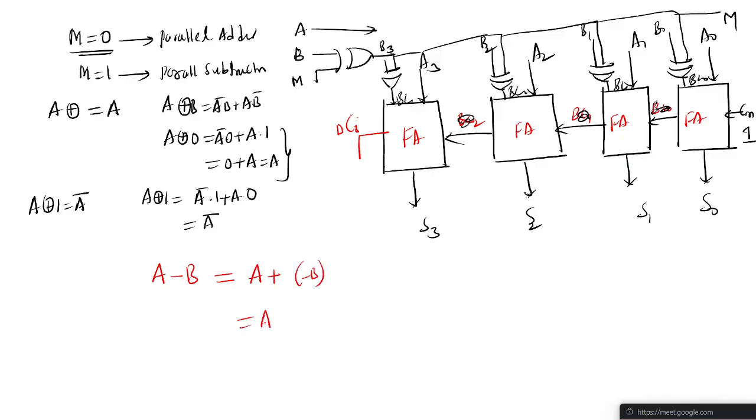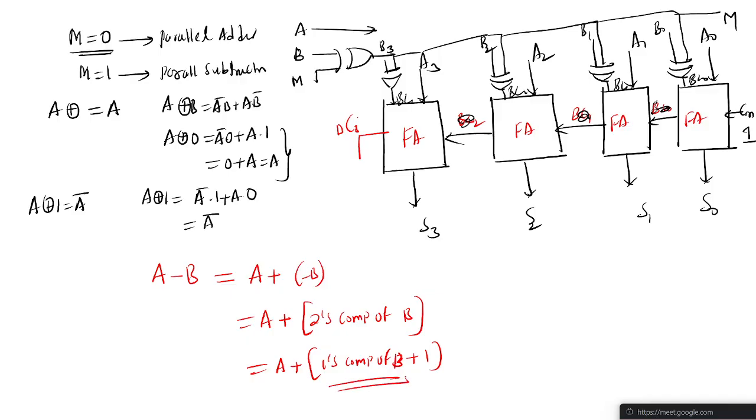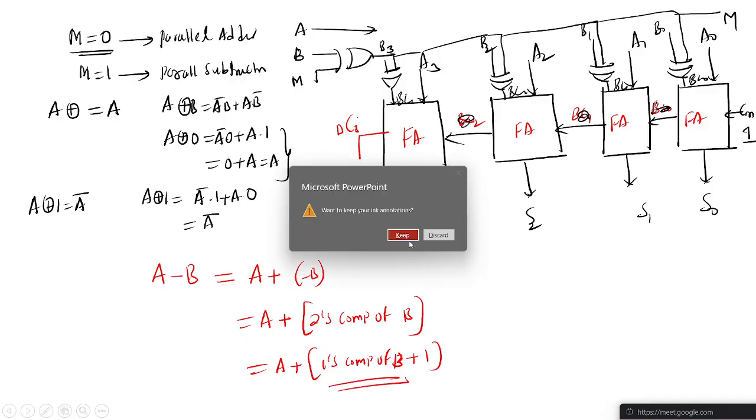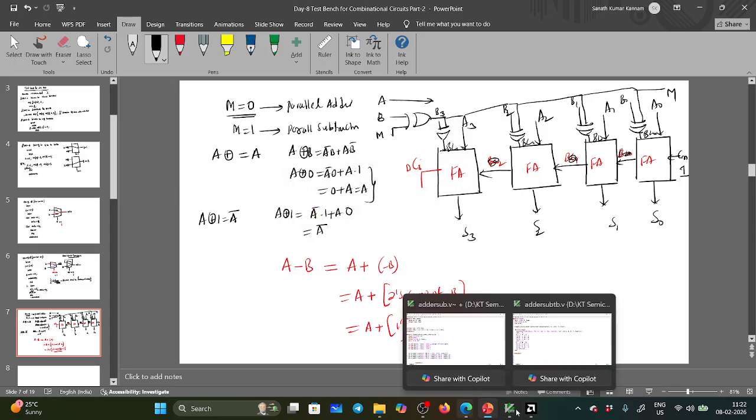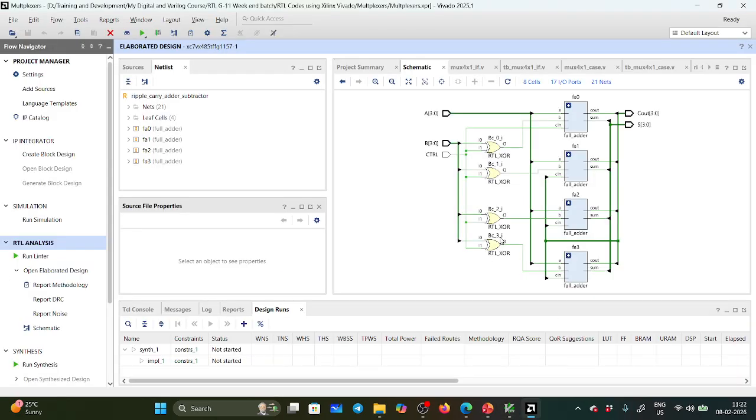In order to decrease the circuit complexity, for the parallel subtractor I am using the full adders only. So what is this? a plus 1's complement of b plus 1. Carry in we given as 1, no? So that's why it will calculate the 2's complement of b. Okay, and next, this is my elaborated design.